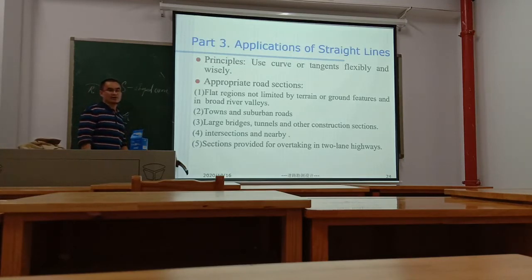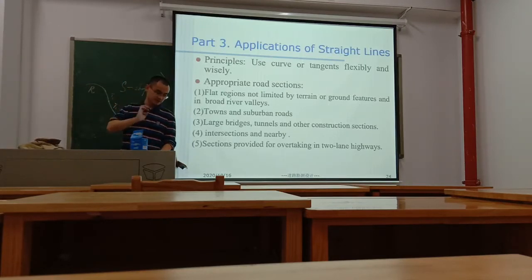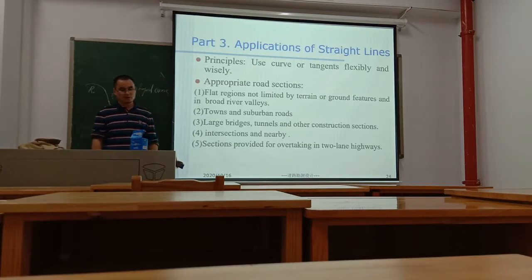Towns and suburban roads. 3. Large bridges, tunnels, and other construction sections. 4. Intersections and nearby. 5. Sections provided for overtaking on two-lane highways.